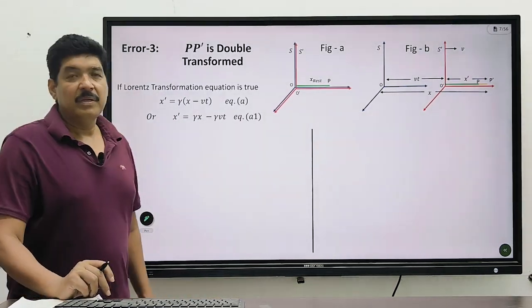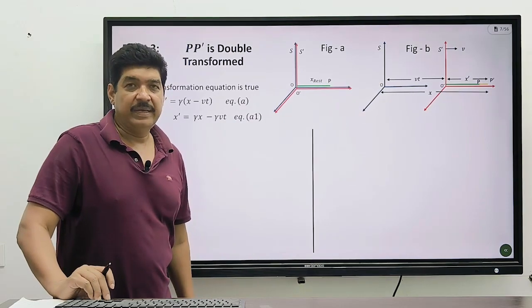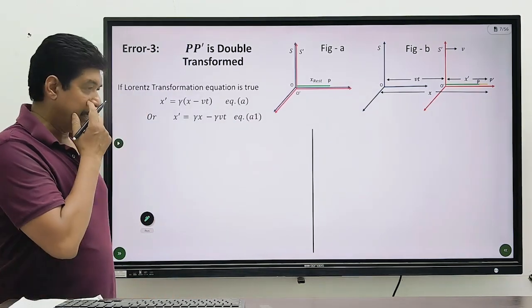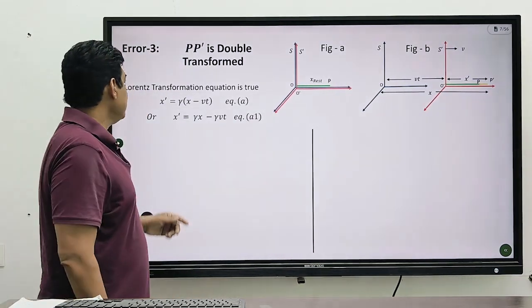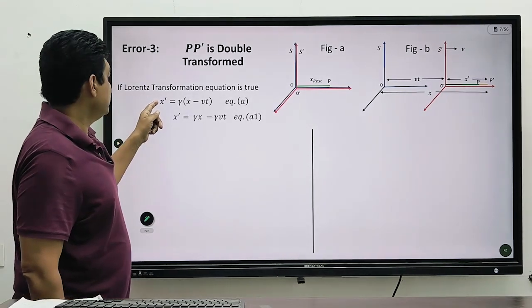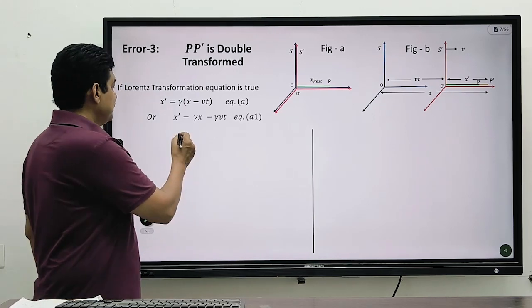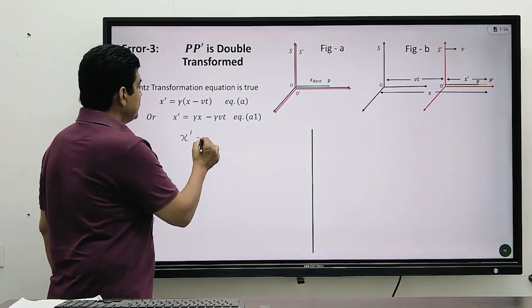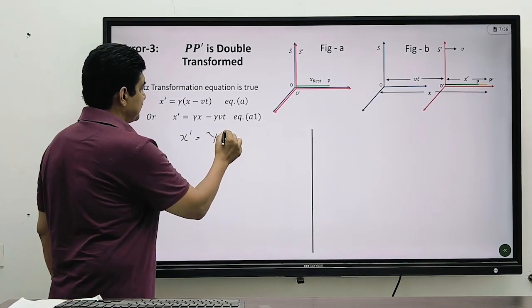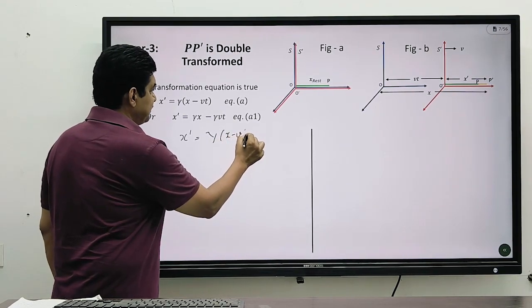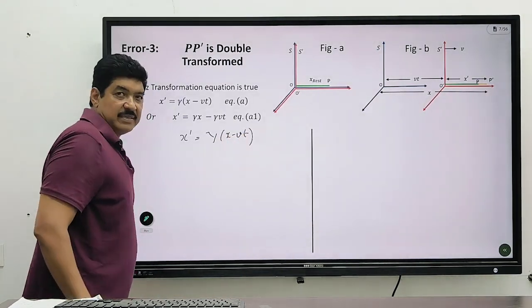Now next. Now the third error in Lorentz transformation. Now we have this equation of Lorentz transformation. If it is true, then x prime is equal to gamma times x minus Vt. Right?